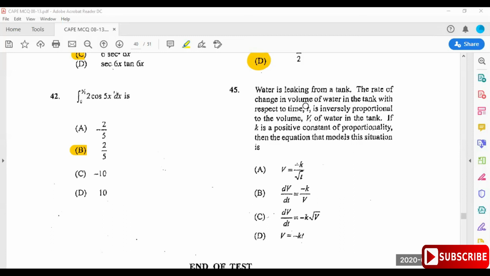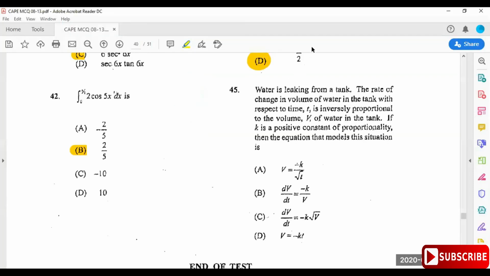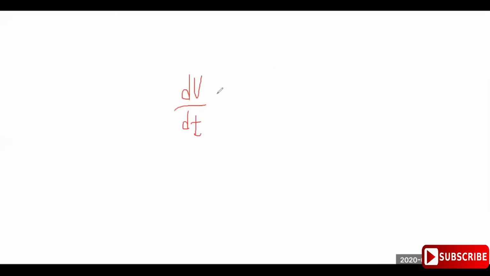So let's write down the first thing they said: the rate of change of volume is dV by dt. They said it's inversely proportional to its volume, so let's not write equal to. Let's write the proportionality sign. So it's proportional to 1 over V.